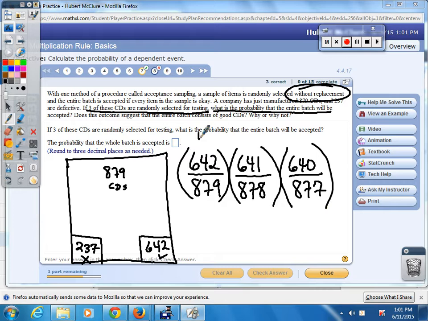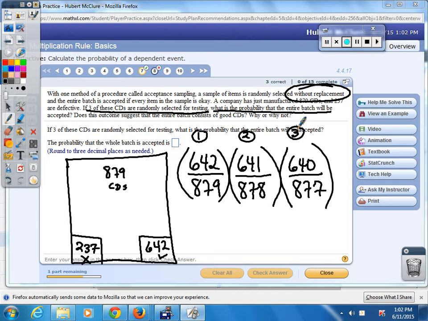Yes. Here's the first one you pick, here's the second one you pick, and here's the what? Third one. It says 3 CDs. And you're testing to see if all of them are what? Good. That's why you're using 642. You're not going to use this guy unless you want to test to see if any one of all 3 of them is bad. You want to check this one.